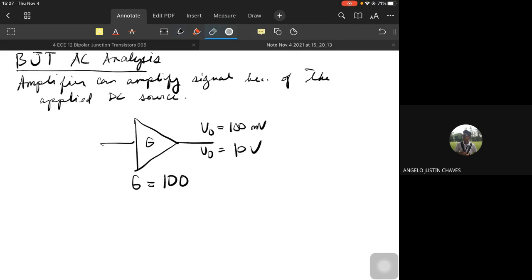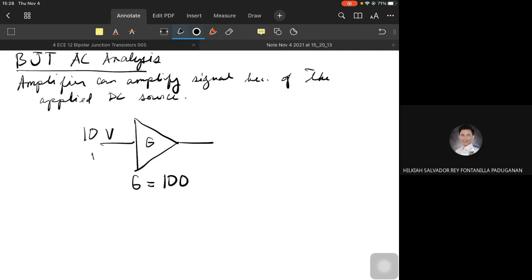But what if the input is 10 volts? What is the output if the gain is 100? Could you guess? You just multiply, right?